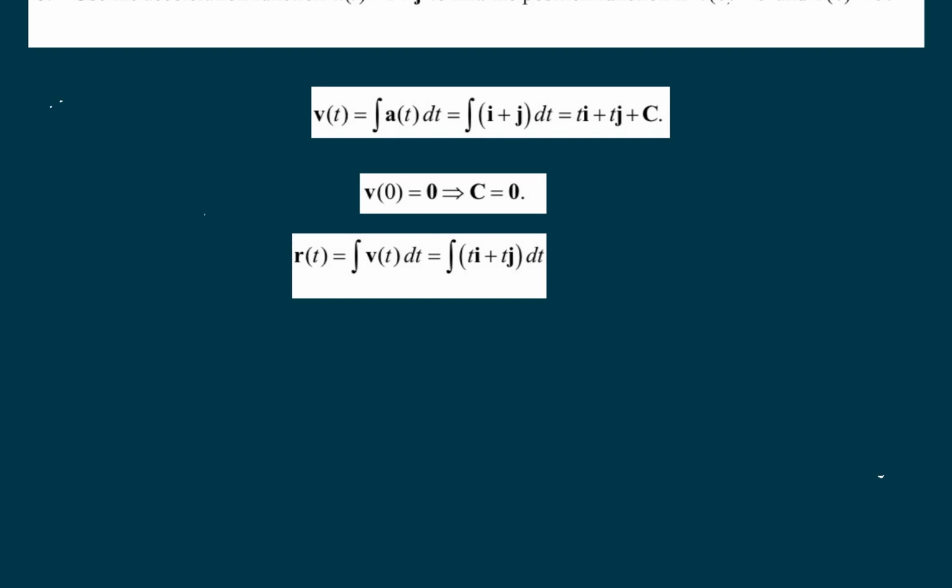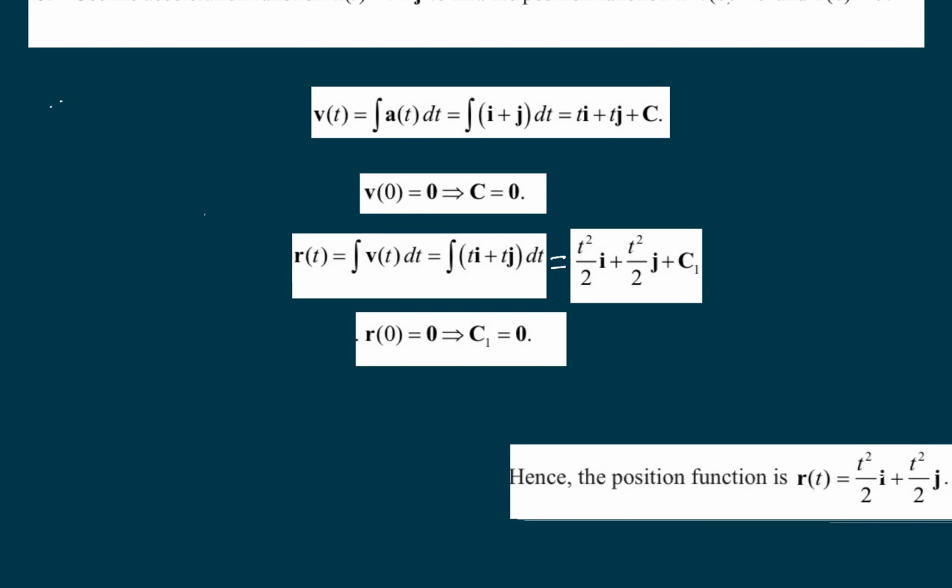Because v of t is ti plus tj, the integral will be t squared over 2 i plus t squared over 2 j plus c1. Now impose the condition that at t equals 0, the initial position is 0, and you obtain that the constant c1 is 0. Hence, the position function r of t is t squared divided by 2 i plus t squared divided by 2 j. And the problem is solved. Let's go to the next problem.